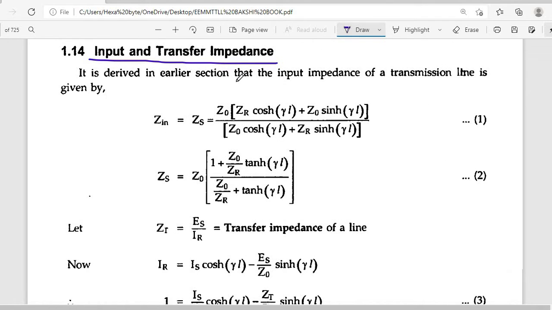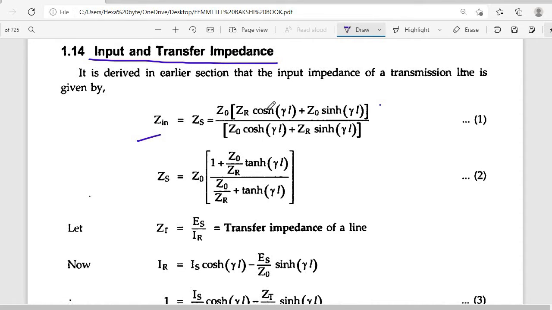It was derived in the earlier section that the input impedance of a transmission line is given by Zin equals Zs, that is equal to Z0 of, then Zs equals Z0 of 1 plus Z0 by Zr, divided by Zr.